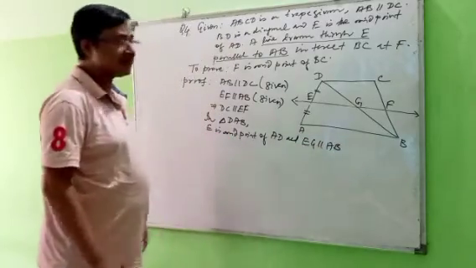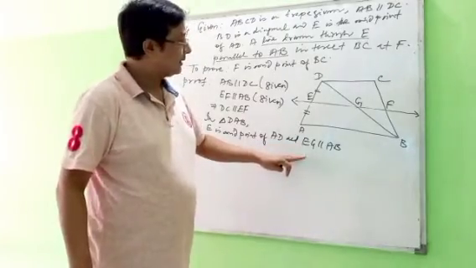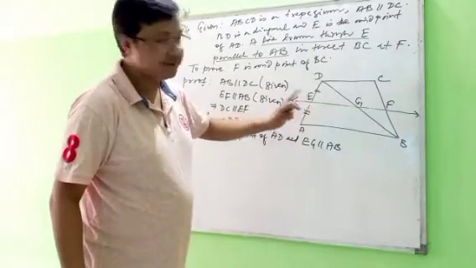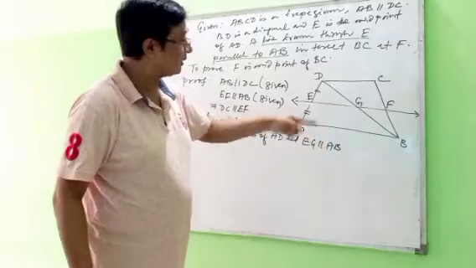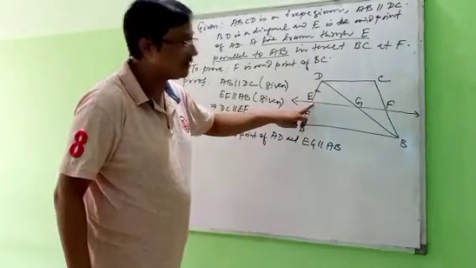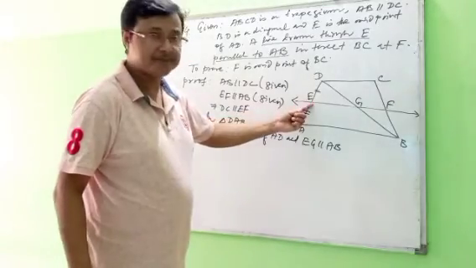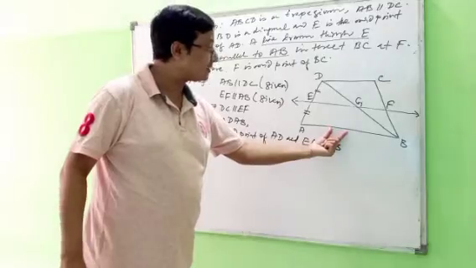Now this is the converse of the midpoint theorem. Let us go to the statement. The line drawn through the midpoint of one side of the triangle, which is the triangle DAB. The midpoint is E, one side is AD. Through this midpoint the line is drawn parallel to another side, that is the side AB.